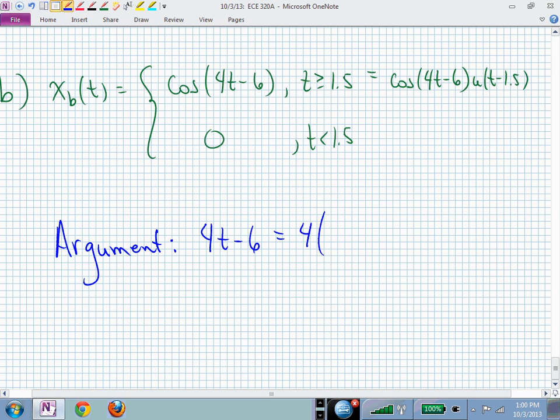I'm going to factor that out of both pieces. But 6 over 4, wow, magic, huh?